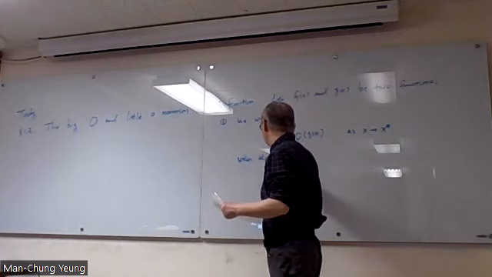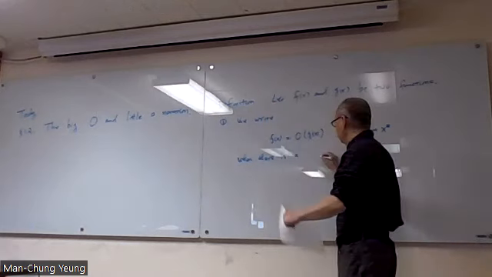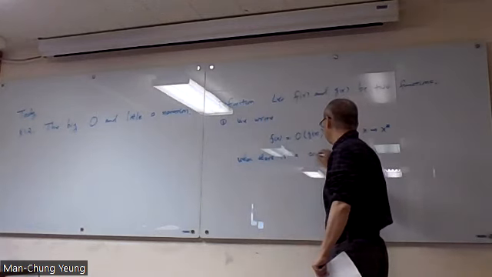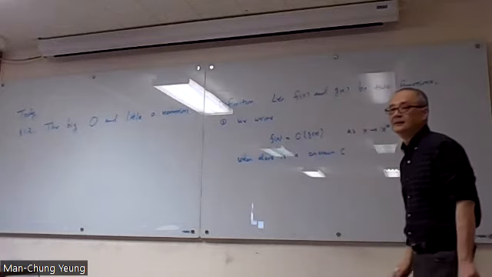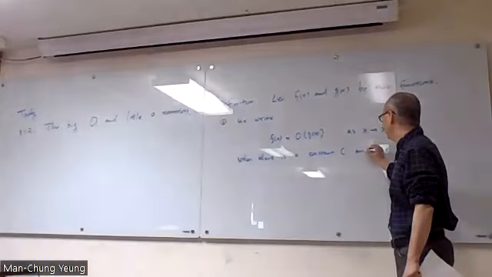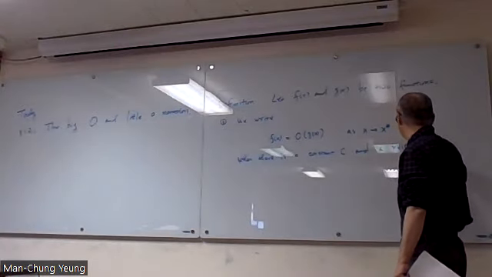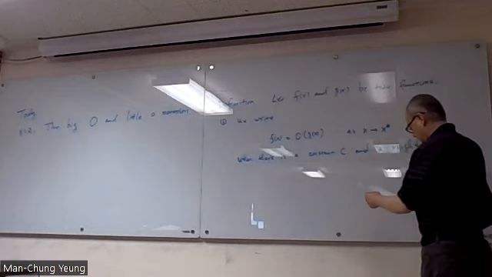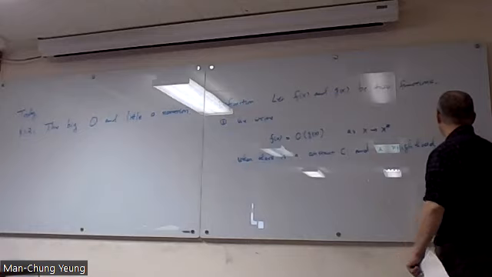It means there is a constant c and a neighborhood of x star.